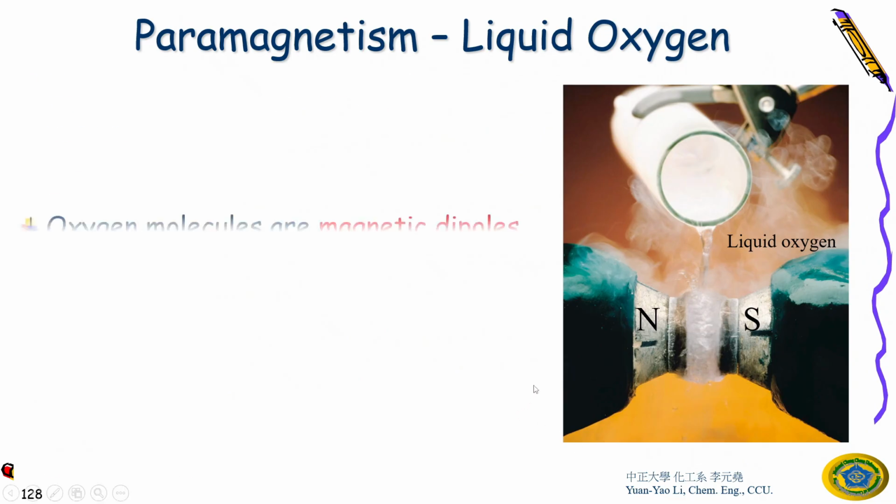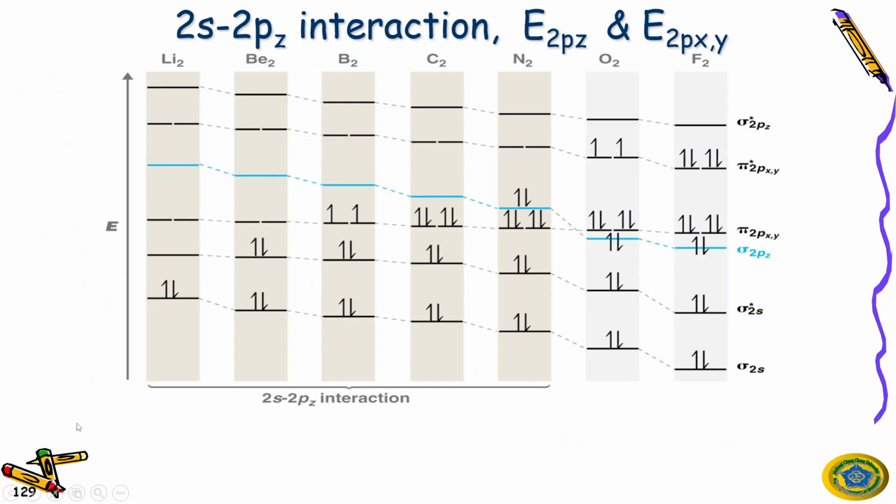So now we understand that if you have unpaired electrons in the antibonding molecular orbitals, you will have the property of paramagnetism, right? Okay, so again, let's go back to the 2s2p interaction. This is the energy level diagram, where the 2p energy level is here, and goes down and reverses in oxygen.